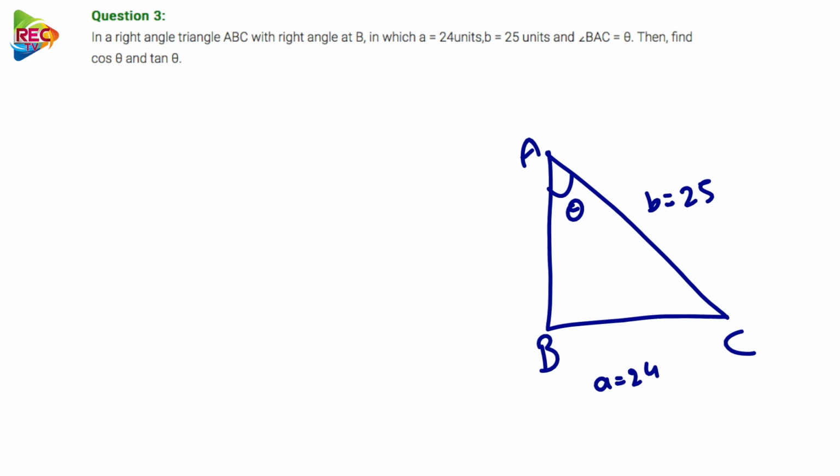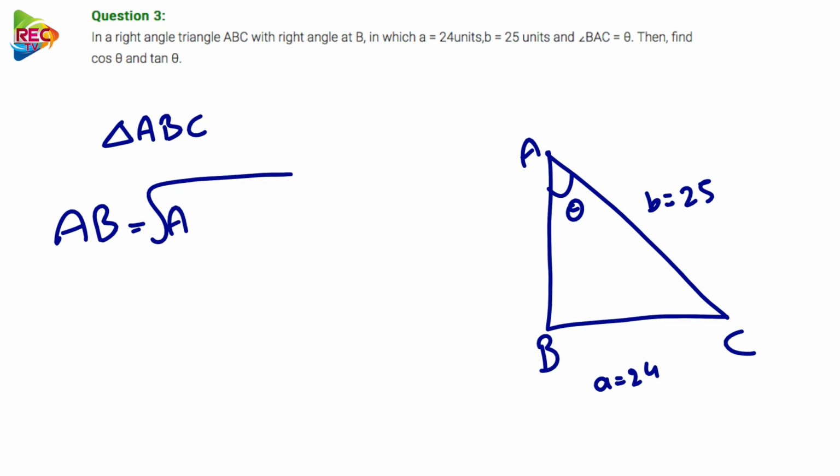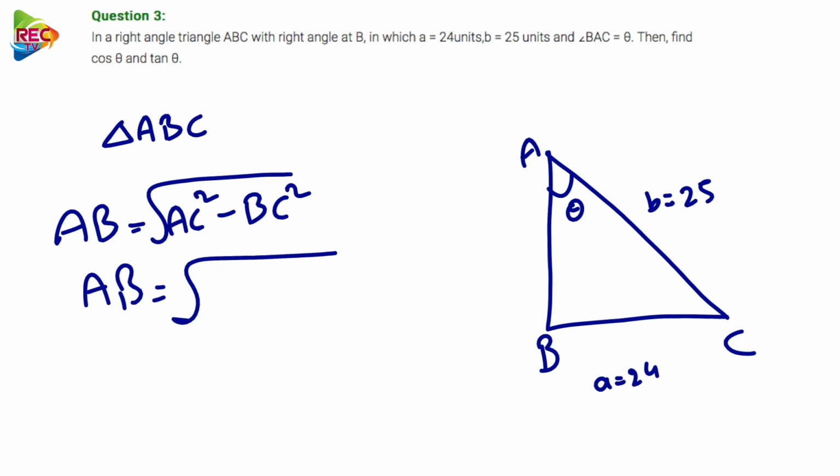In triangle ABC, by using Pythagoras theorem, AB equal to square root of AC square minus BC square. You already know the values of AC and BC. Substitute here: AC equal to 25 whole square minus BC equal to 24 whole square.